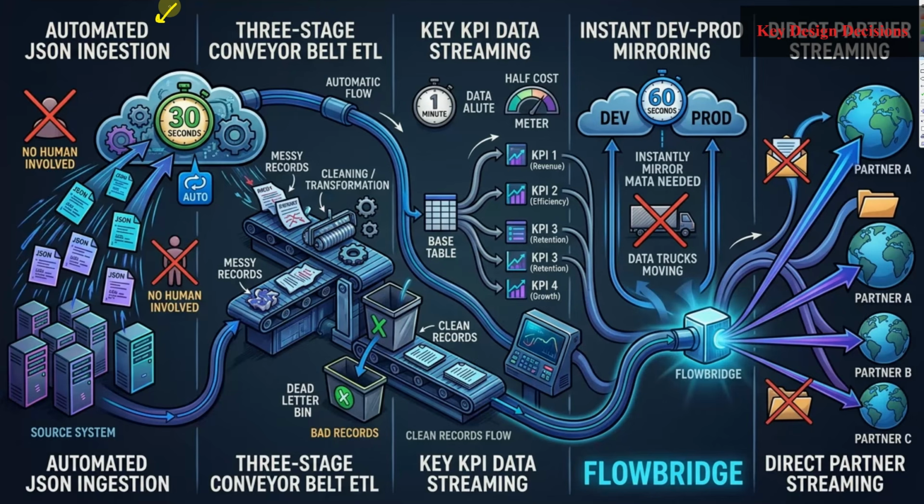Then we have decided to use a 3-stage conveyor belt ETL. Every record will go through these 3 stages. The messy records, for example, wrong date formats, extra white spaces or wrong casing, will get cleaned automatically and passed forward.